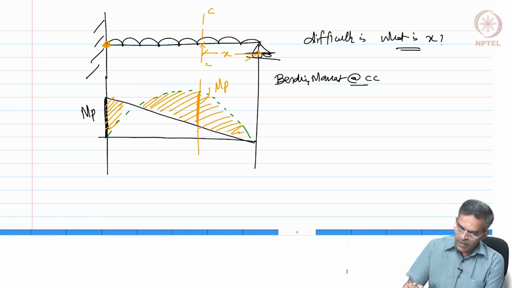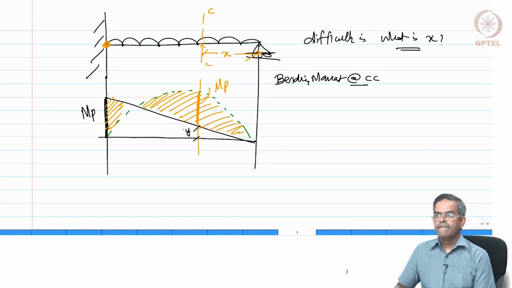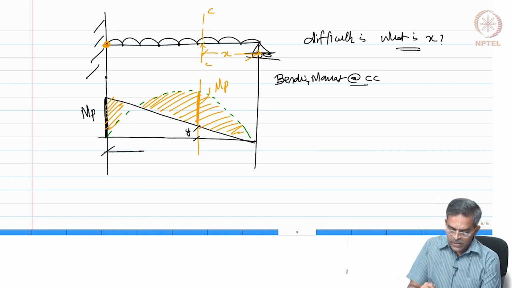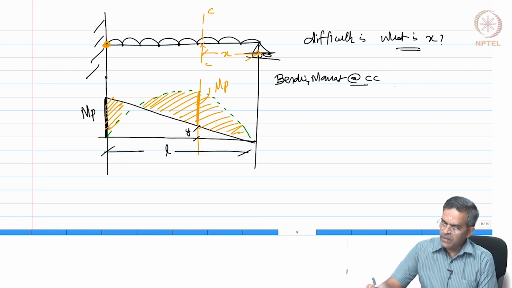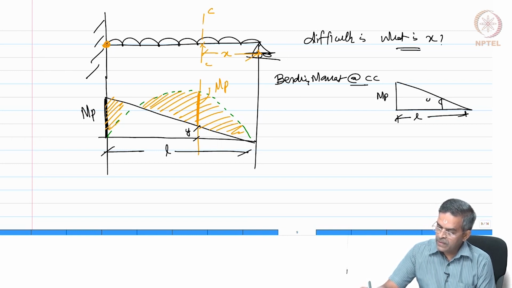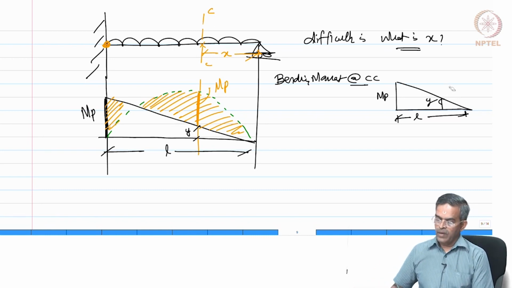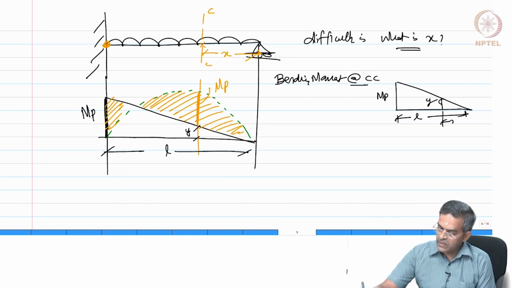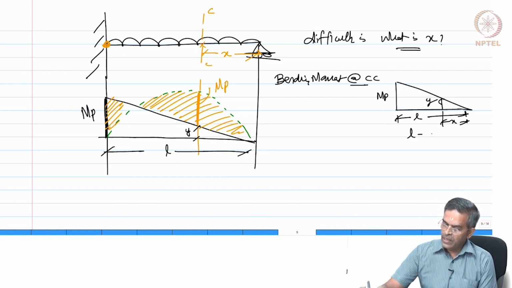So, this is Mp, let us call this small y. This is L. So, use similar triangles: this is L and this is Mp and this is y, and of course, this is X. So, for L it is Mp, for X it is y.